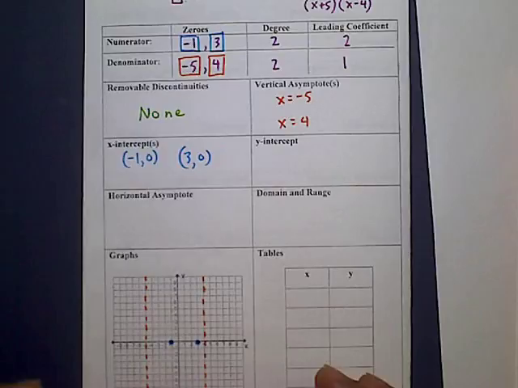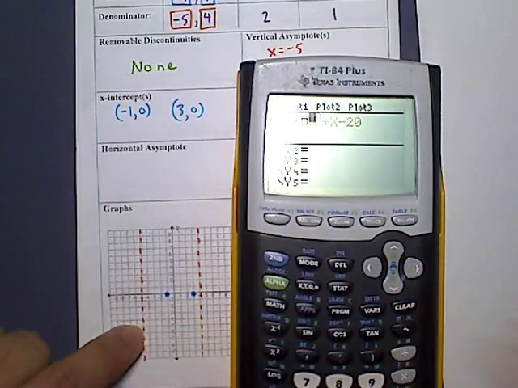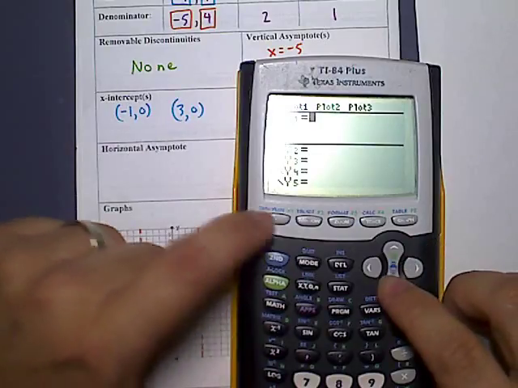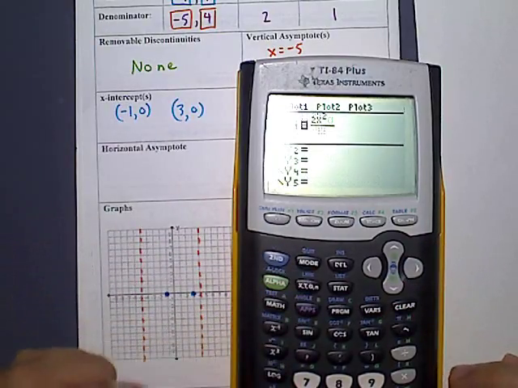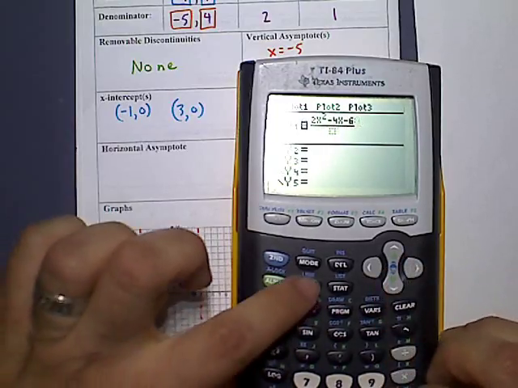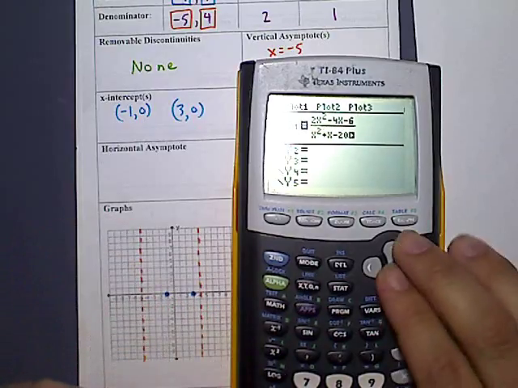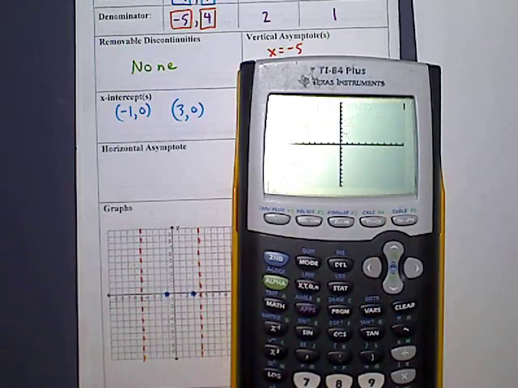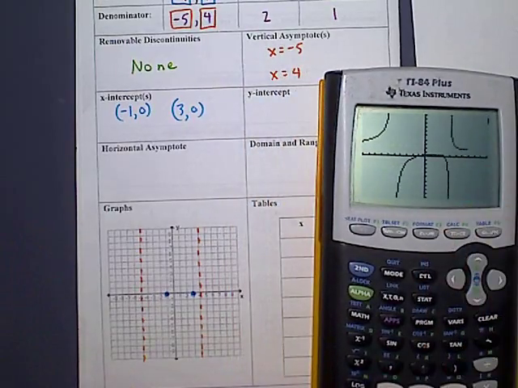To get the rest of this information, I'm going to go ahead and put this thing in y equals already. So, y equals, to do the fraction, we have 2x squared minus 4x minus 6 divided by x squared plus x minus 20. Let's graph it to see more or less what it's going to look like. And you will see that it is a shape unlike any that we have seen before.